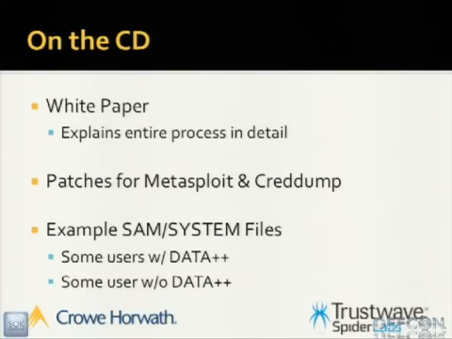We also have the patches for Metasploit and CredDump on the CD, so if you want to use them, you can. We've also provided an example system that has both a corrupted user and a bunch of non-corrupted users, so you can see the difference if you use the patches to extract the new passwords. So if you want to follow along with us or play with those, they're there for you.